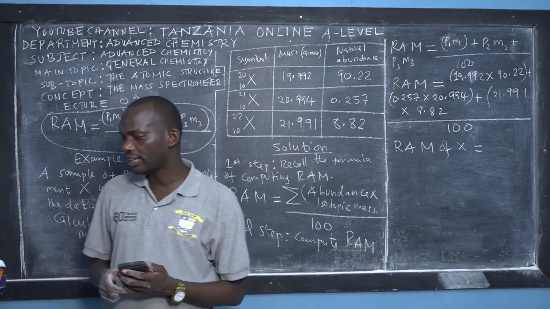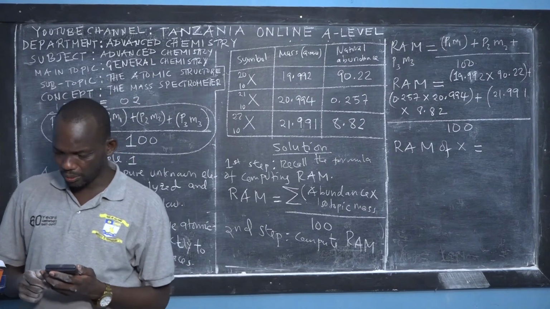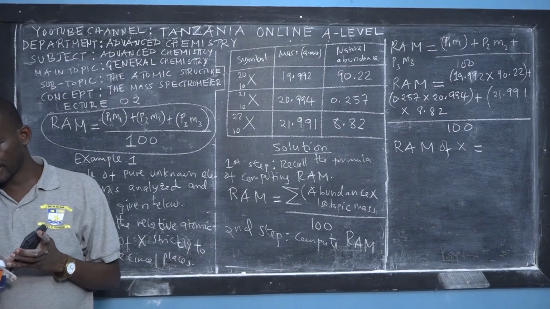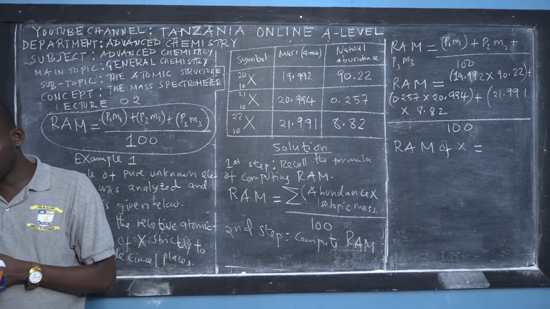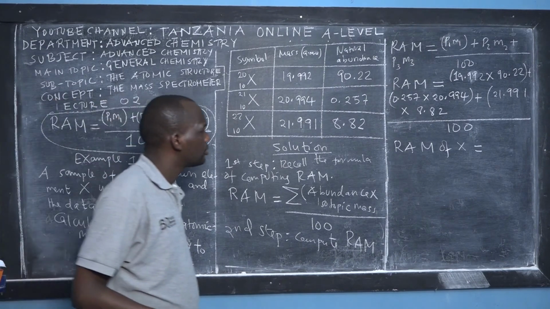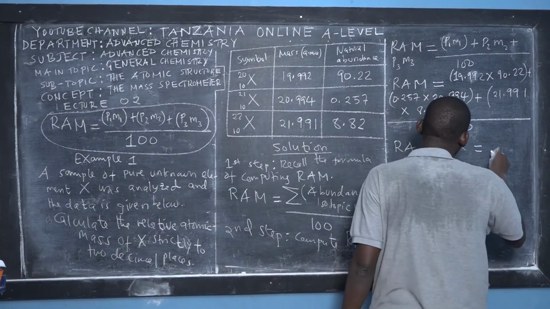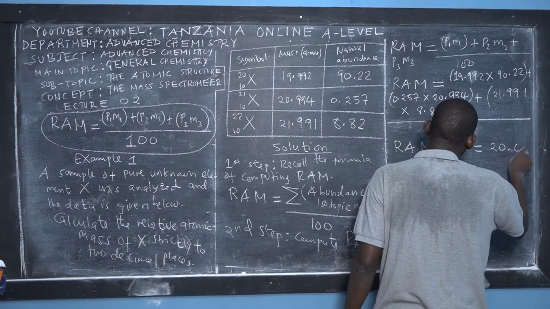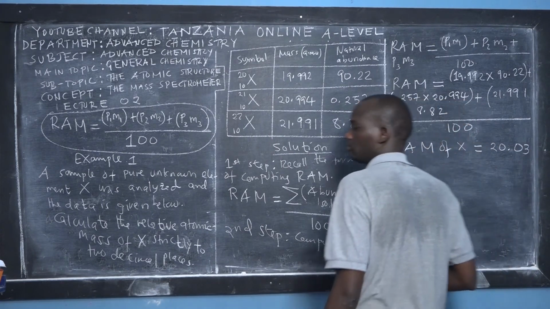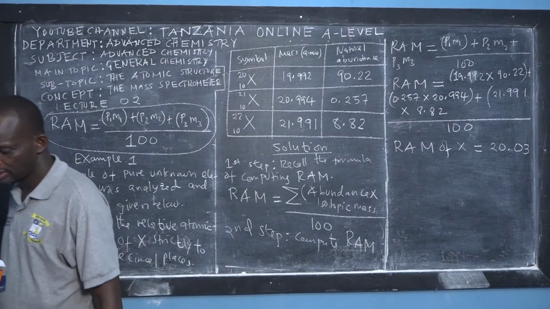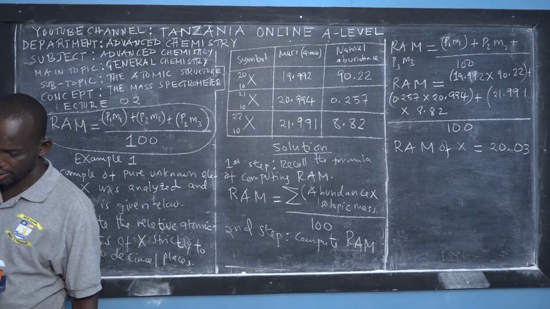Because you have to put your response in 2 decimal places, the response in 2 decimal places will be 20.03. Not 20.17, 20.03.